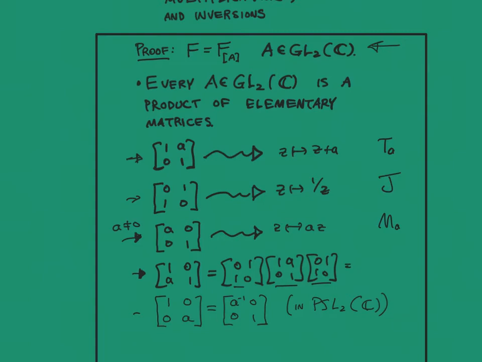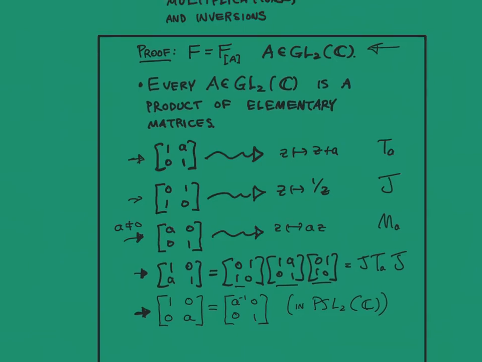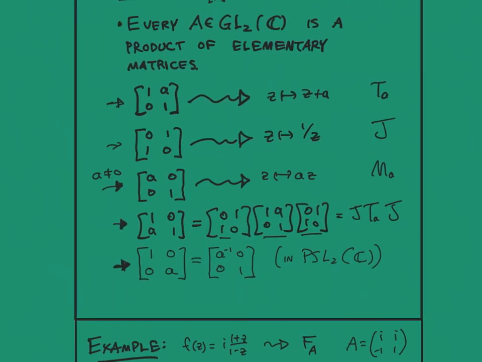So this one can be written as J, TA, J. And also you could multiply the second row by A, but within PSL2C, you could factor A out of this whole matrix, and it amounts to the same matrix in PSL2C, and so it amounts to just multiplication by A inverse.